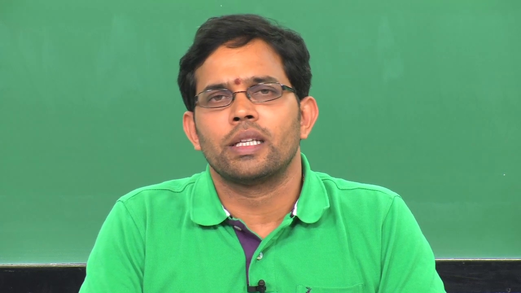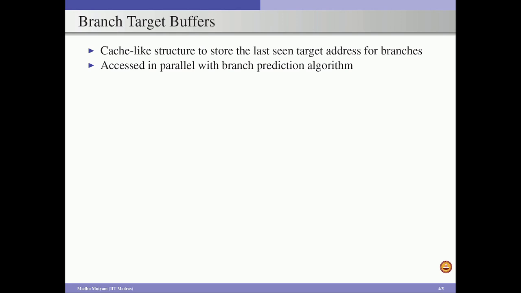So, using the predicted address, we fetch the instruction and then proceed further. As I mentioned earlier, it is a cache like structure to store the last seen target address for a given branch, and this branch target buffer is accessed along with accessing the branch prediction unit.